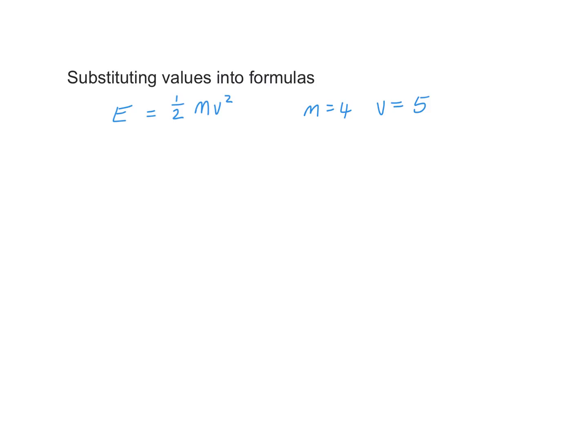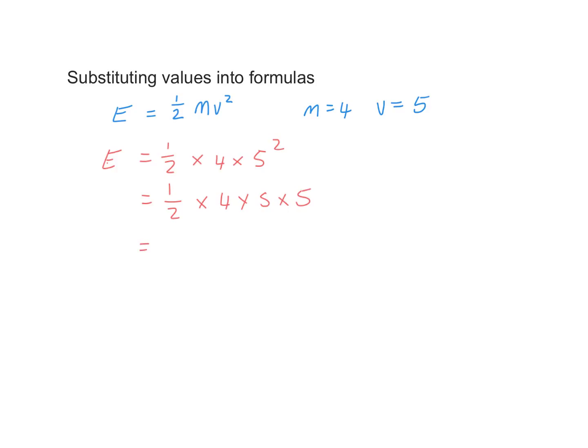Okay, how did you go solving it? Let's do it. E equals 1/2 multiplied by 4 multiplied by 5 squared, and that is the same as 1/2 multiplied by 4 multiplied by 5 multiplied by 5.